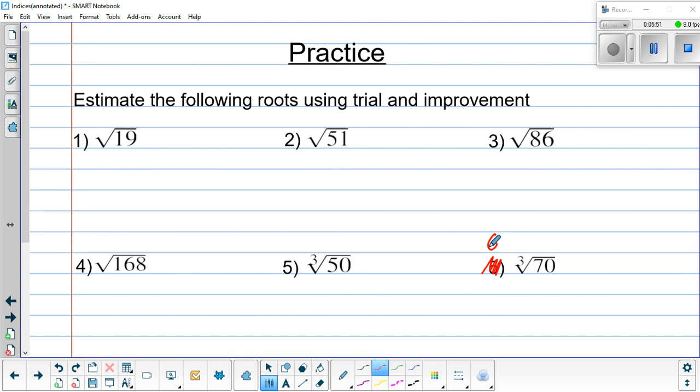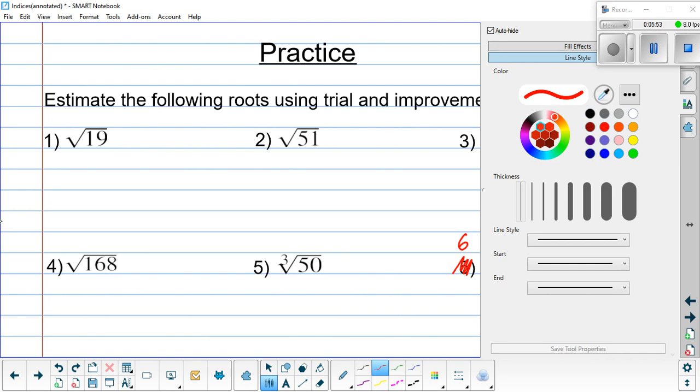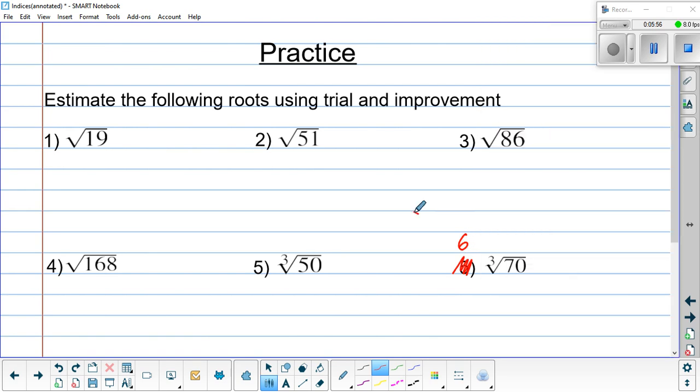Okay, so same thing here. We are finding the difference, right? So we just did this, and I'm going to go and just give my estimates. So the square root of 19, that's 4.6, which is probably a good estimate. Here, our closest things are 7 squared and 8 squared. So that is 49 and 64.